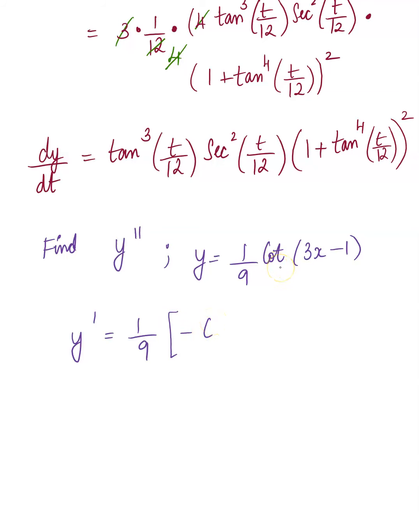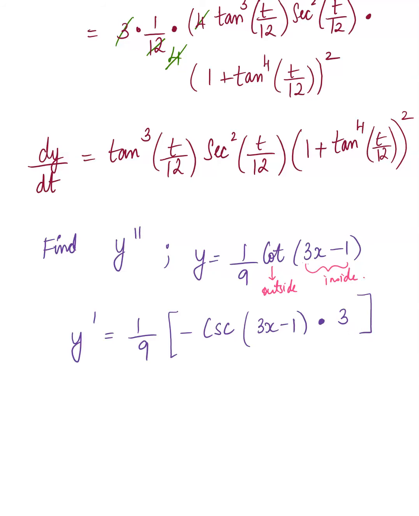Derivative of cotangent is negative cosecant squared x. So I do the negative cosecant, but here again, instead of x, I have 3x minus 1. So I'll have to remember to use the chain rule. So the cot was the outside, and this was the inside. And so the chain rule allows me to multiply it by a 3.